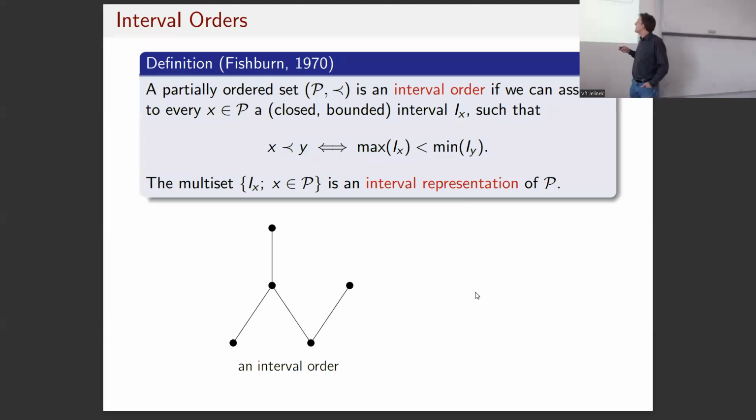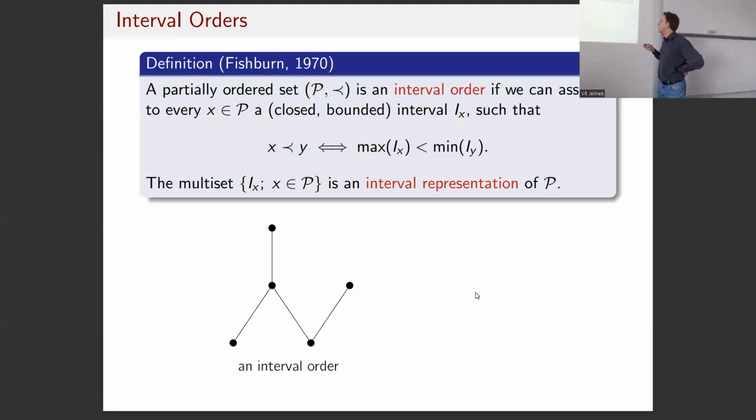An interval order is a partially ordered set, say P with some order relation, which has the property that I can assign to every element of the poset an interval, say an element X is assigned an interval Ix, such that X is strictly smaller than Y if and only if the maximum of the interval of X is strictly smaller than the minimum of the interval of Y. So the interval of X is completely to the left of the interval of Y.